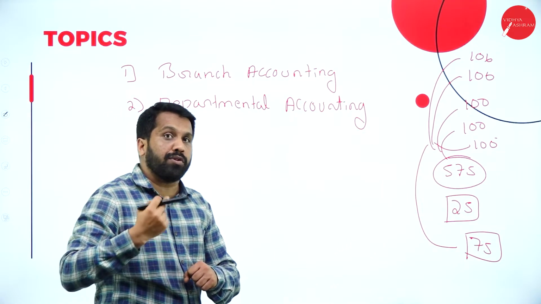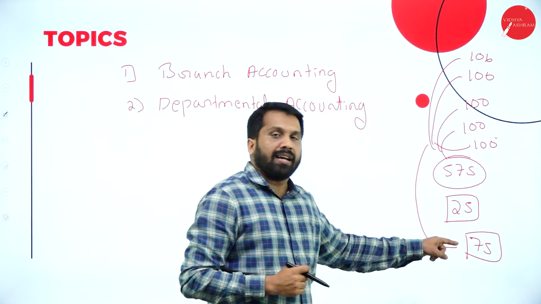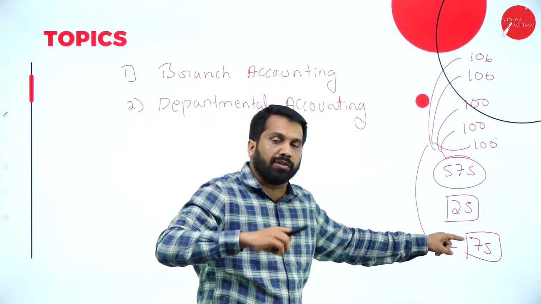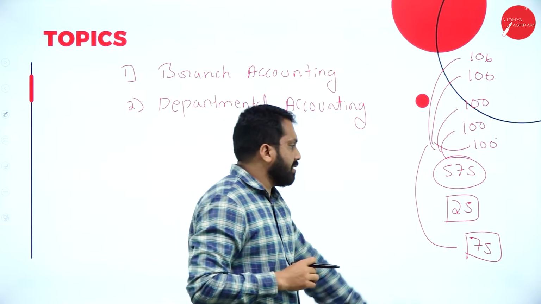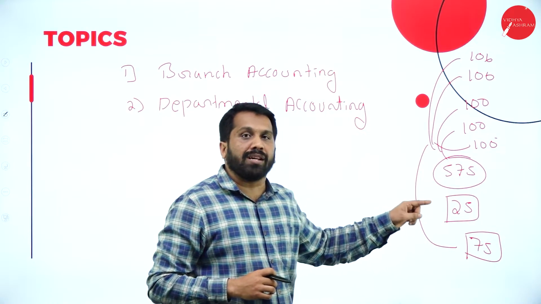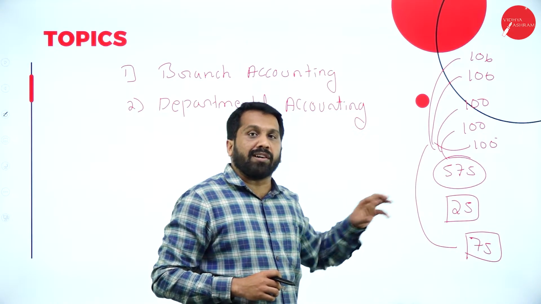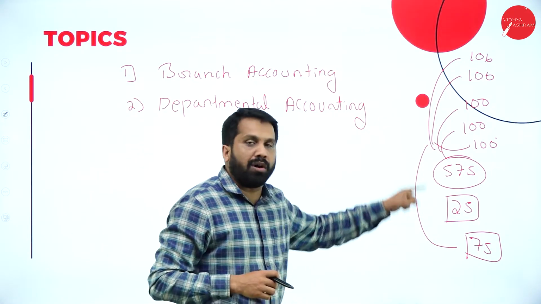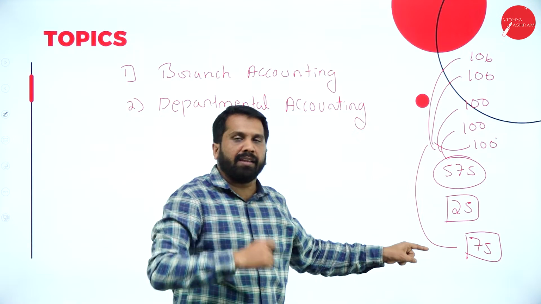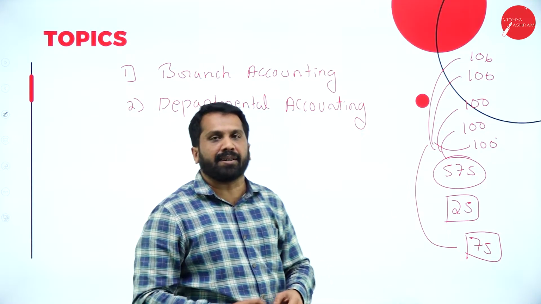You have to improve yourself in the subject called Kannada. Now you got to know why you lost the 25. The reason is in Kannada you scored less. Clear? Because of departmental accounting, you will understand like this where you have gone wrong. Hope you are clear. Yes, this is called departmental accounting.